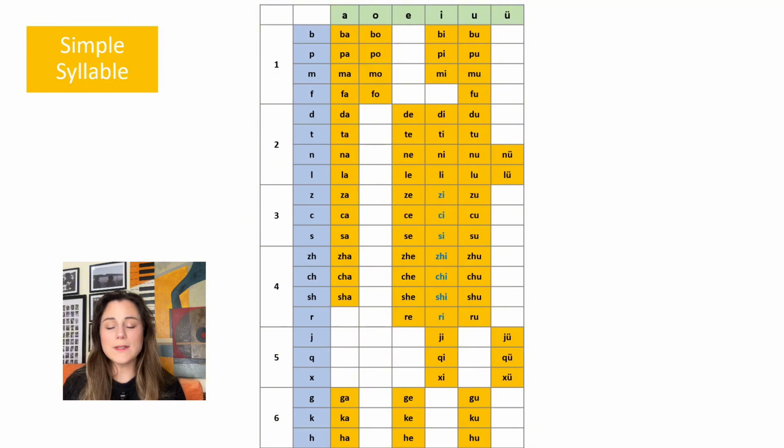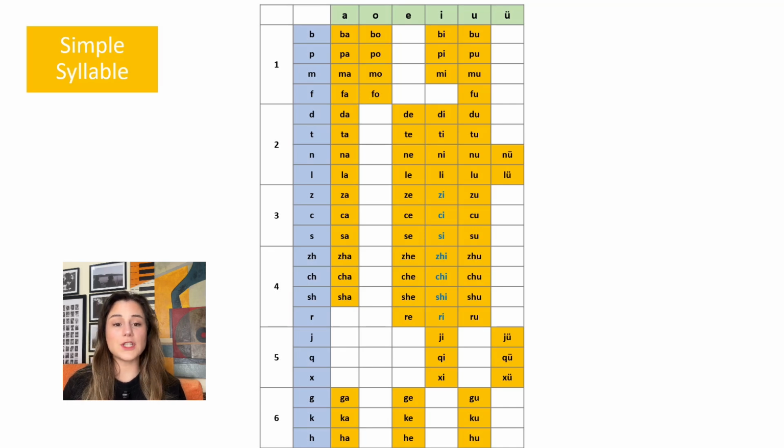Now let's move to the u sound, which goes bo, u, bu, po, u, pu, mo, u, mu, fo, u, fu, de, u, du, te, u, tu, ne, u, nu, le, u, lu, zi, u, zu, ci, u, cu, si, u, su, zhi, u, zhu, chi, u, chu, shi, u, shu, ri, u, ru, ge, u, gu, ke, u, ku, he, u, hu.